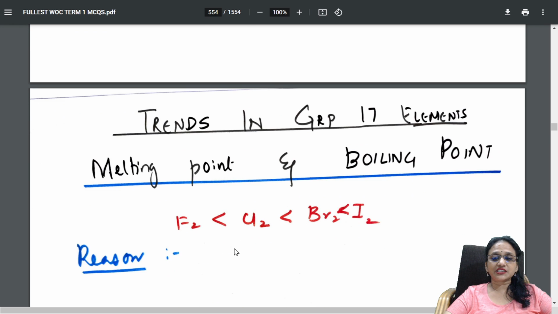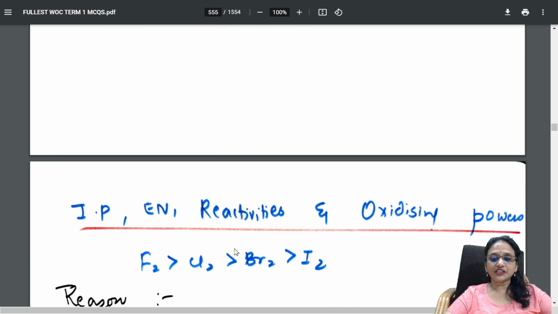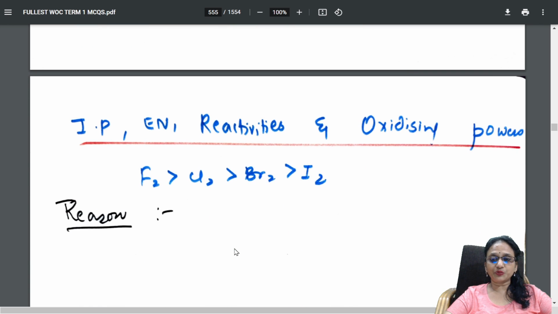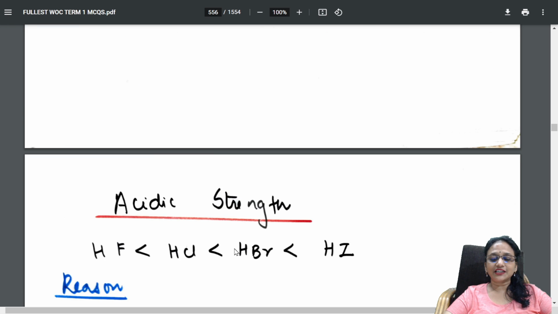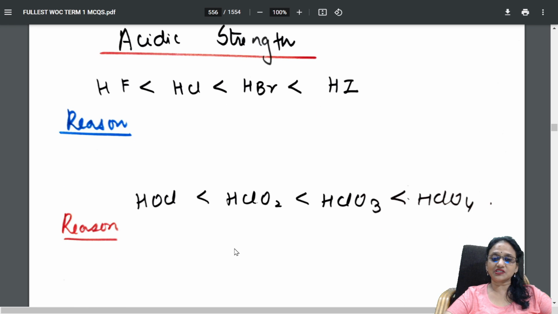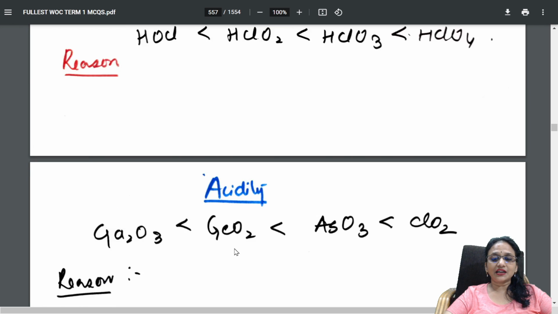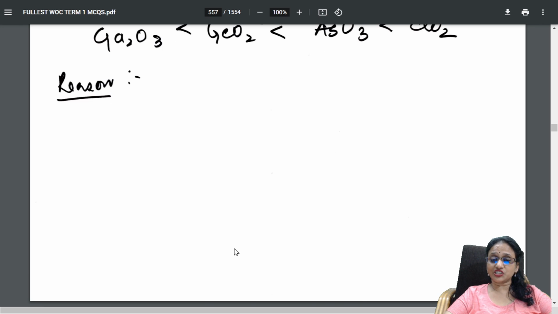Next comes group 17, melting and boiling point. After that, ionization potential, oxidizing power, electronegativity, and reactivities. Then comes acidic strength. When you have oxoacids, what is the acidic strength? After that, acidity of oxides, again with reasons. I've already done a video on this and will share the link.